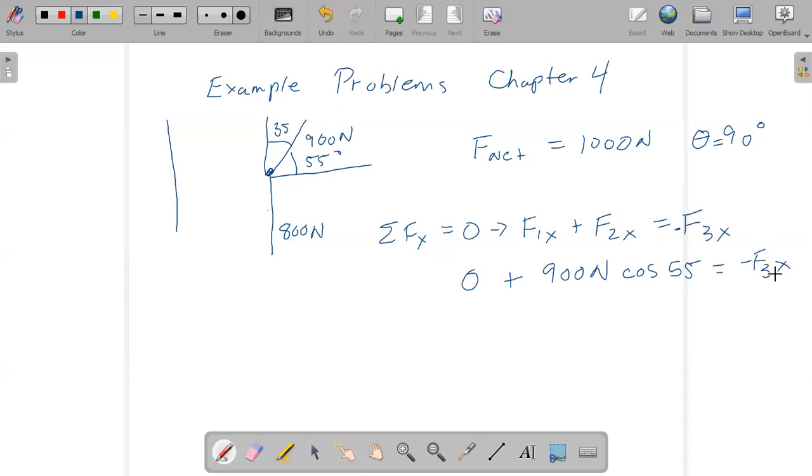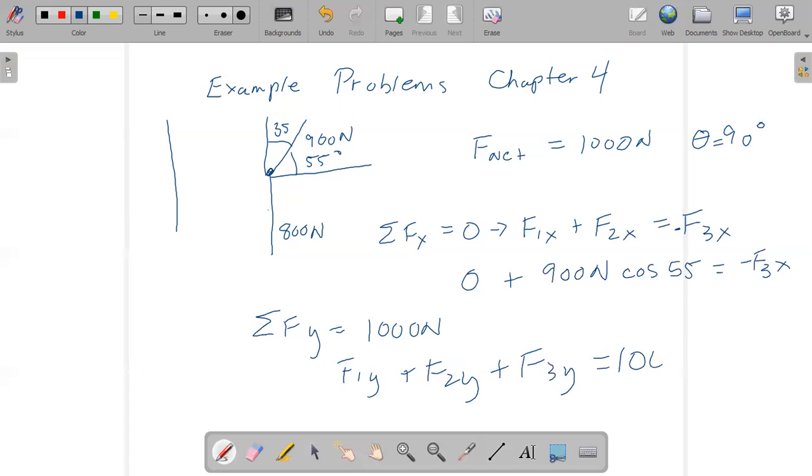Sum of the forces in the Y equals 100 newtons. So F1Y plus F2Y plus F3Y equals 100 newtons, and I want to solve for F3Y.